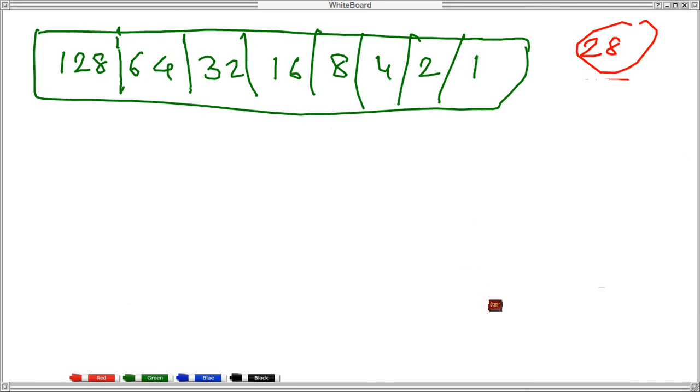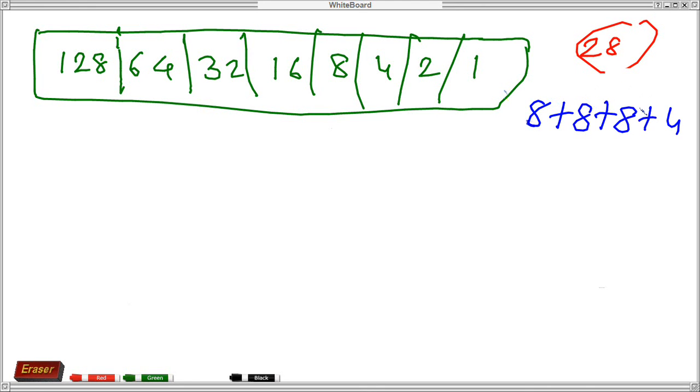That means it is 8 plus 8 plus 8 plus 4. So 8 bits set to 1, 8 bits set to 1, 8 bits set to 1, and 4 bits set to 1. The remaining 4 bits have to be 0.